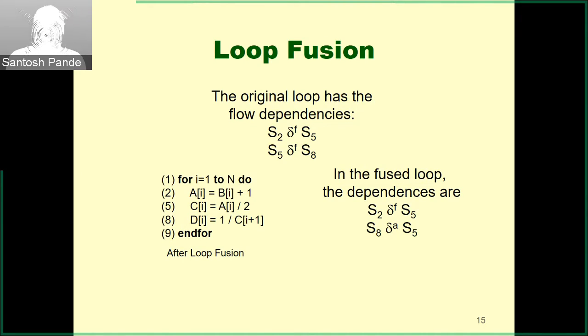S5 depends on S8. And what kind of dependence is that? It's an anti-dependence. So we are going to get into problems, as I mentioned. Any introduction of new dependencies and non-obeyal of the original dependencies is trouble, and so we can't do this fusion for the second and third loop. We can certainly do it for first and second.